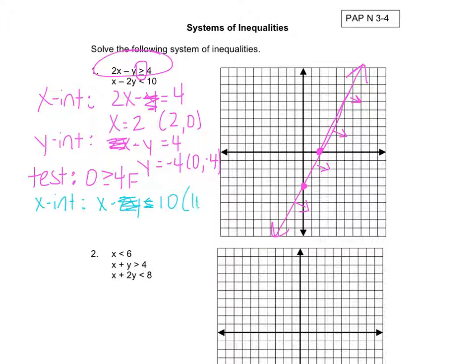So 10, 0 would be your x-intercept. And then your y-intercept. So x minus 2y equals 10. I know x is 0. Make sure not to cover the negative up in front of the 2. So y would equal negative 5. So that would be 0, negative 5.